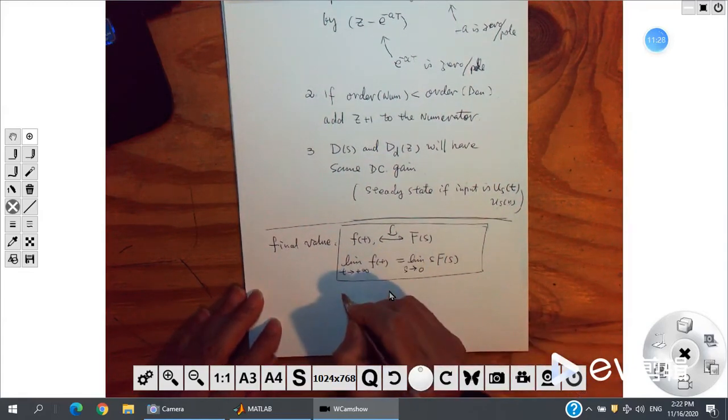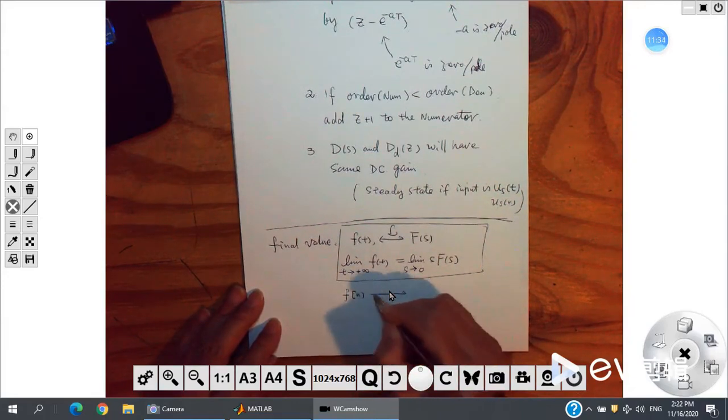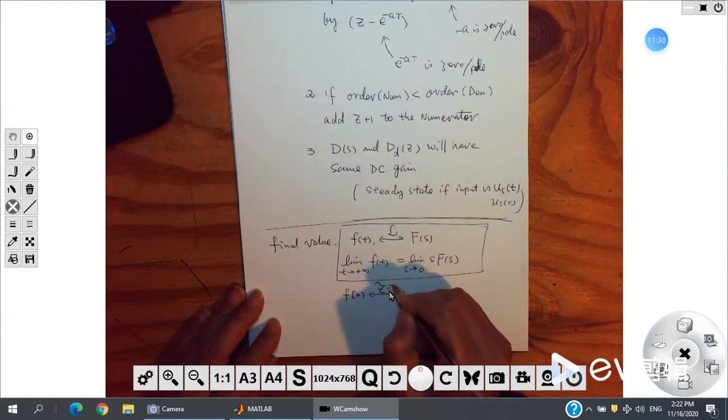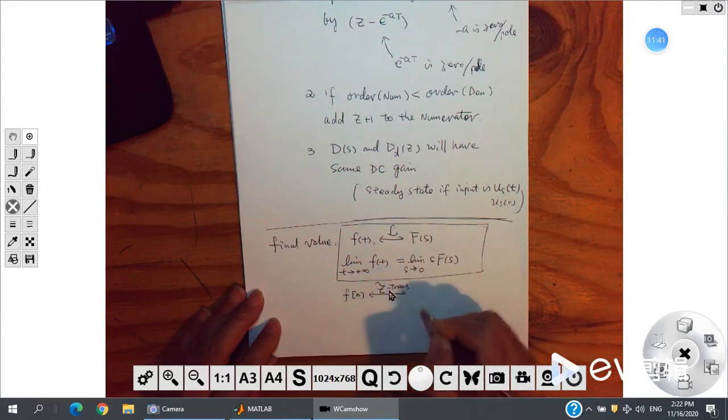Then for the discrete case, I still use f, but f(n). This time related by a z transform, then we have capital F(z).